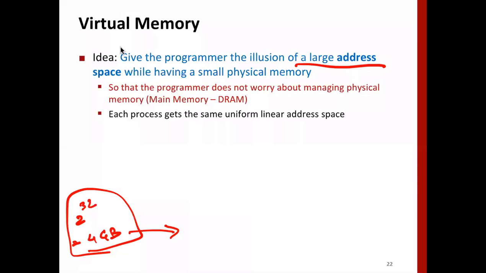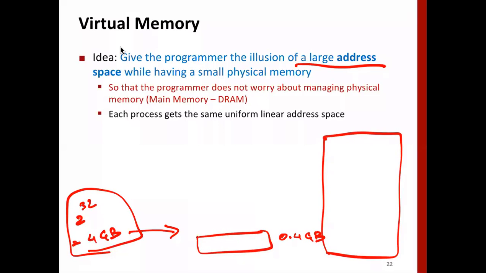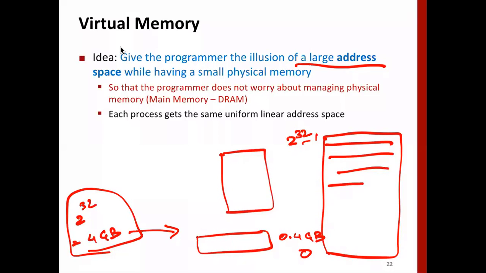But earlier memory used to be very small, say 1/10 of that, 0.4 GB, or even less. So the address space is much larger. A program can use addresses 0 to 2 raised to the power 32 minus 1, but the physical memory actually available is smaller than that.